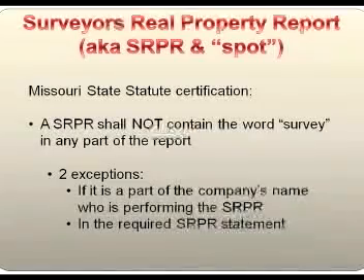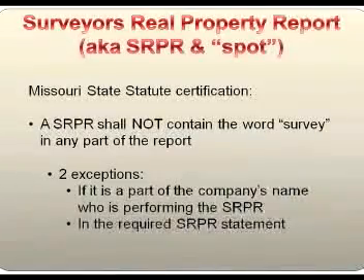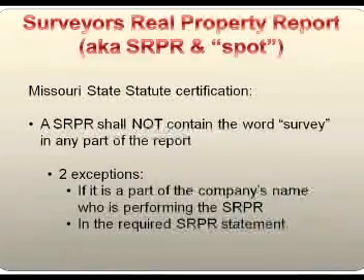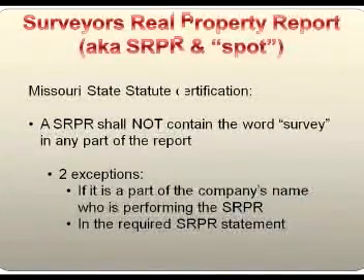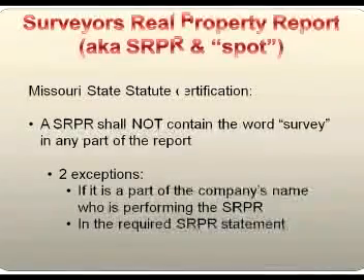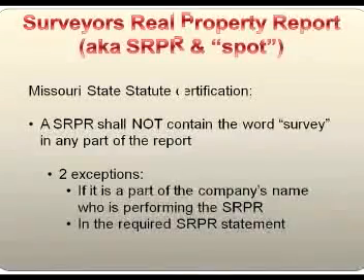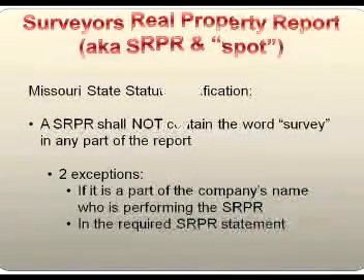And there are two exceptions. One exception is if it's part of my company's name. So Cardinal Surveying, I'm allowed to have it on that drawing in that specific spot. There's also a specific statement that is required by law to be on this drawing. And in two places in that statement, it says the word survey.